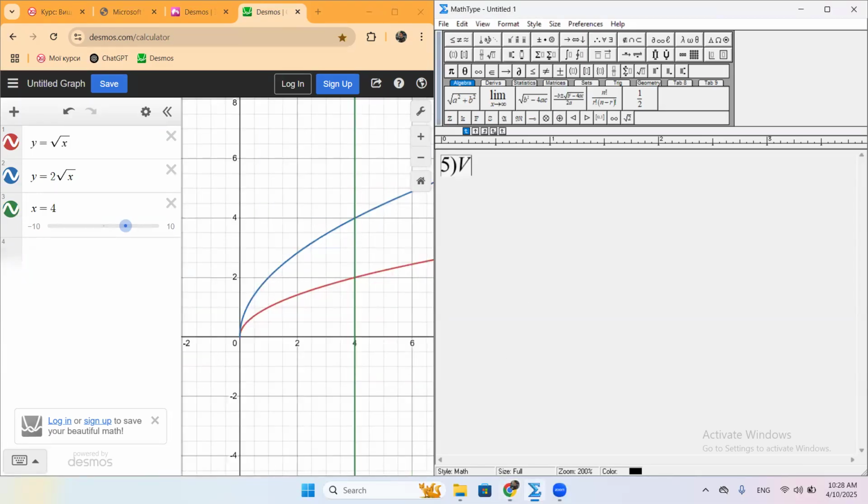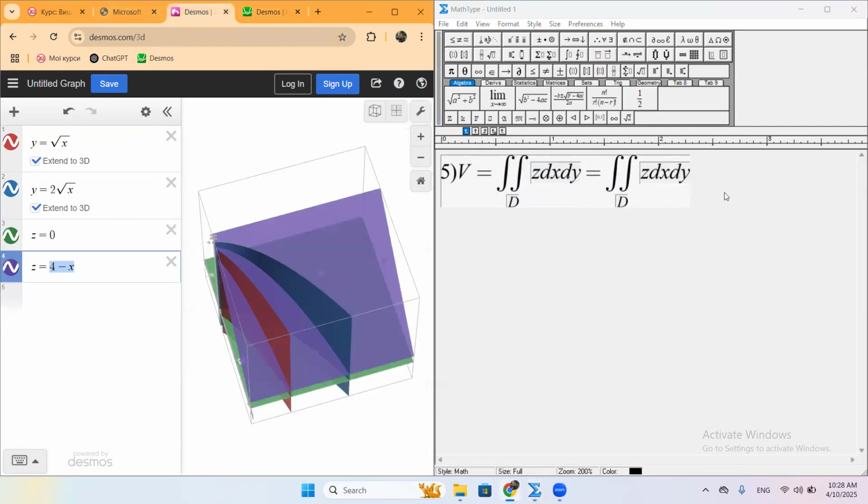And how to calculate the volume? We will have the following formula: volume by using a double integral, where D is the projection, and we have to calculate the integral of z dx dy. If we substitute, we receive z equals 4 minus x.